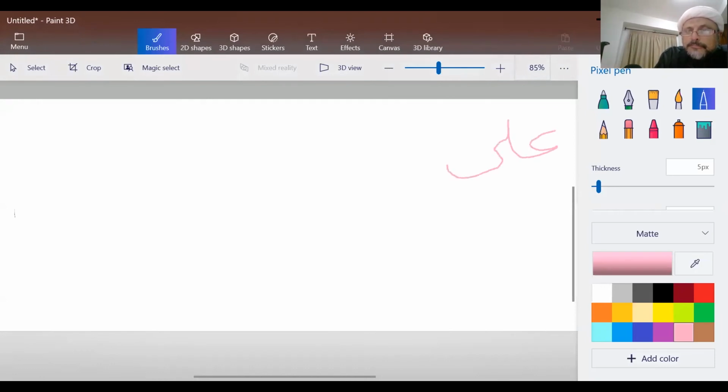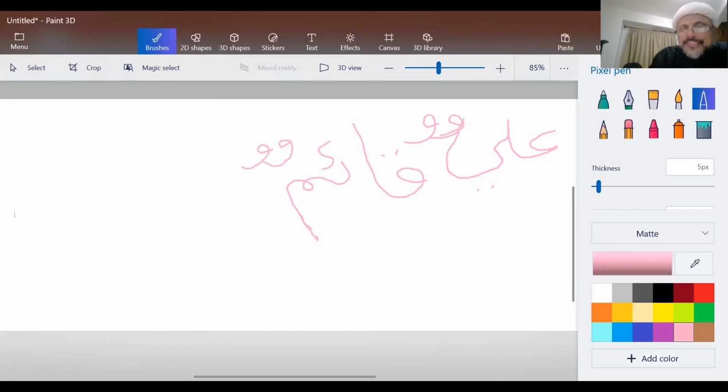Aliyun qa'imun. Remember, الطير جميل. Ali is standing.